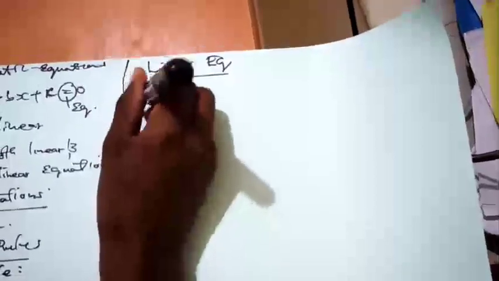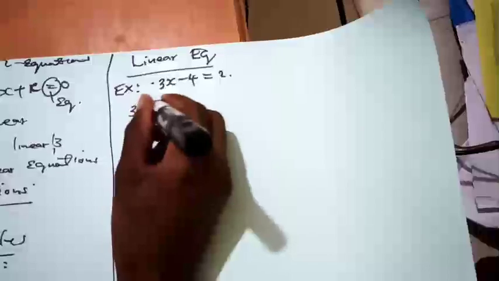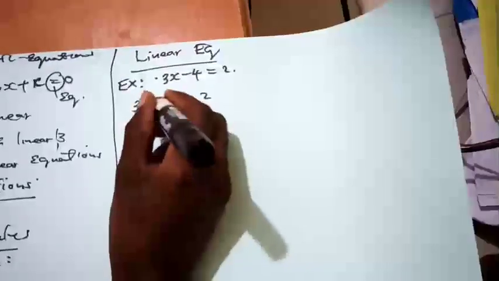So we can take a simple example. We are talking about linear equations, and we can take a simple example, the one we had. We are talking about 3x minus 4 equals 2. To solve for it, here we are talking about subtraction, so we are going to apply the subtraction rule.